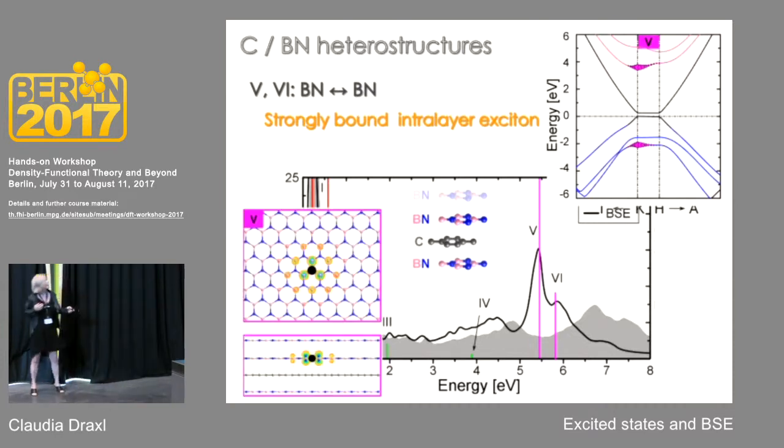This is seen from the electron-hole wave function. So now putting the hole at a nitrogen atom in the boron nitride plane, then you see the electron is sitting basically at the neighboring boron atoms, and on the top view you see that the exciton is much more localized than those that I have shown you before.